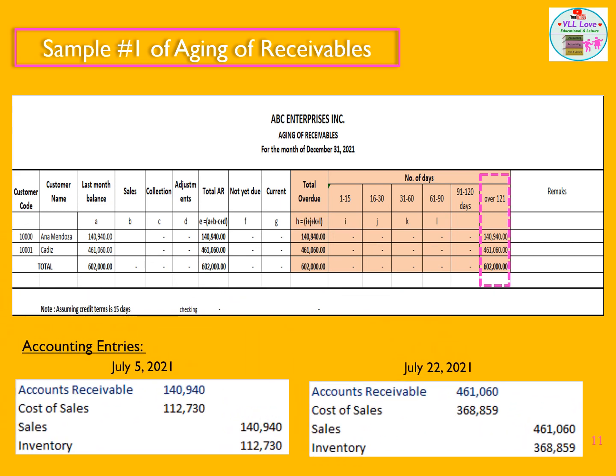I also included in these slides the previously recorded accounting entries as shown in our previous vlogs, which debited accounts receivable and cost of sales, and credited sales and inventory for both transactions.